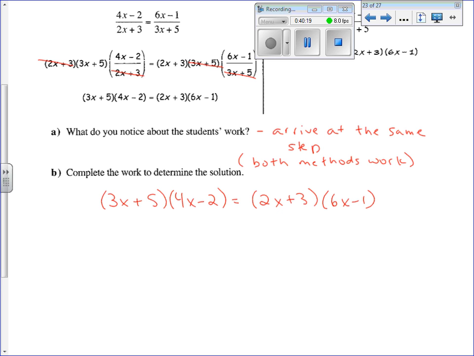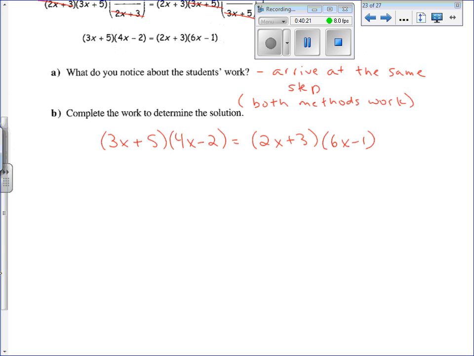Okay. So I'm going to FOIL. So first, outer, inner, last. So 3x times 4x is 12x squared. 3x times negative 2 is negative 6x. 5 times 4x is 20x. 5 times negative 2 is negative 10.